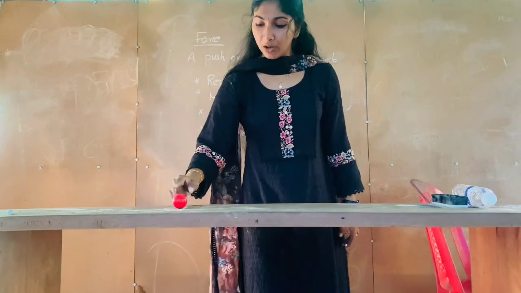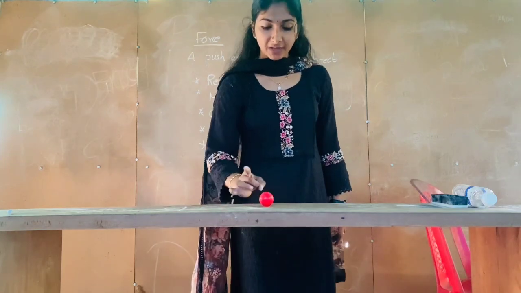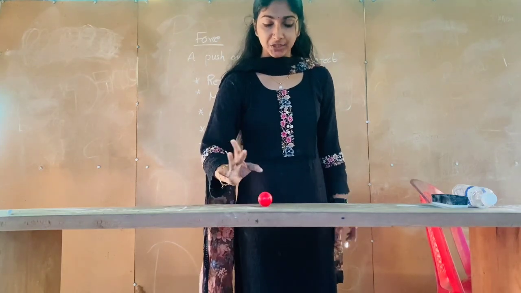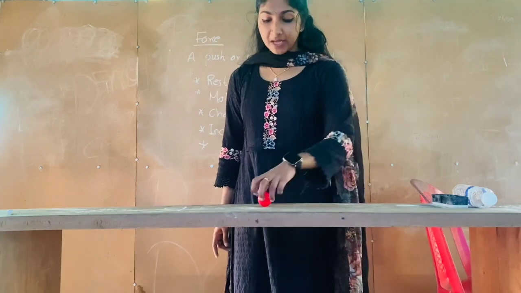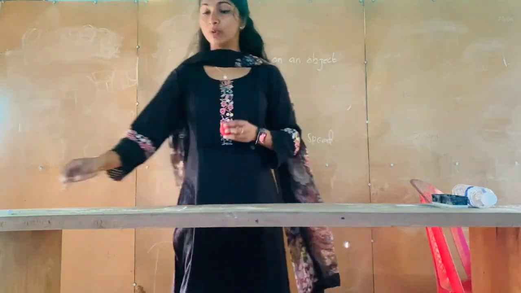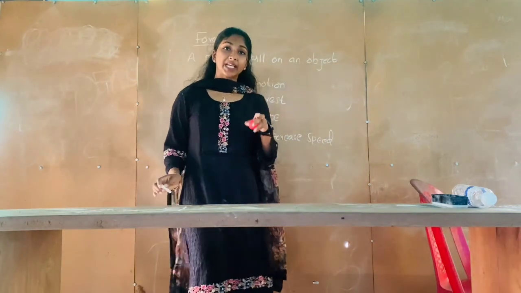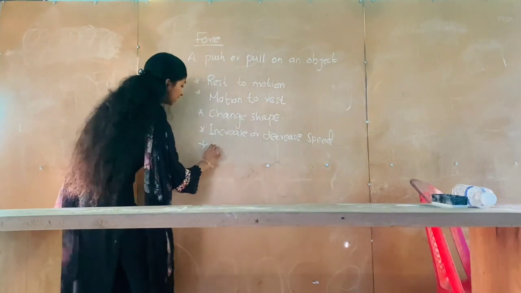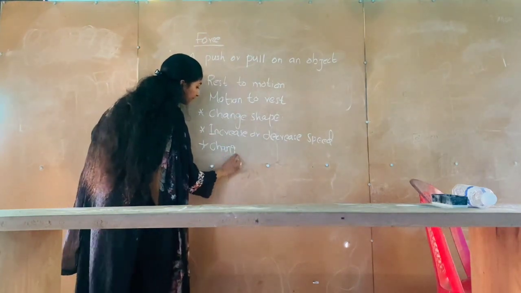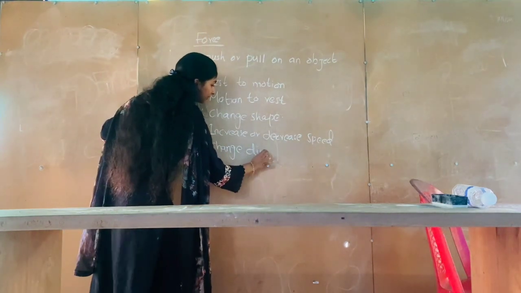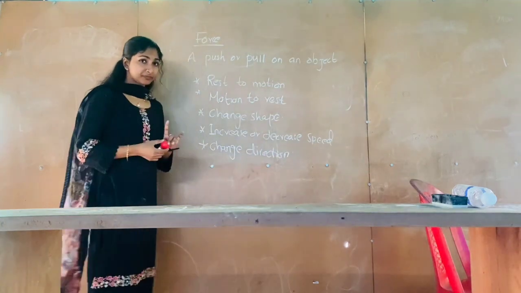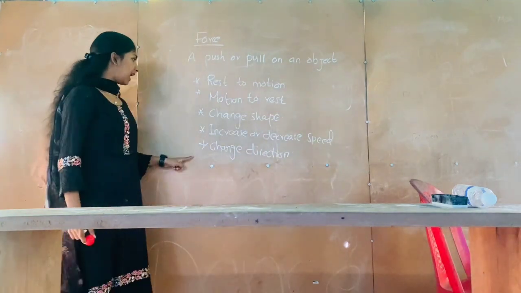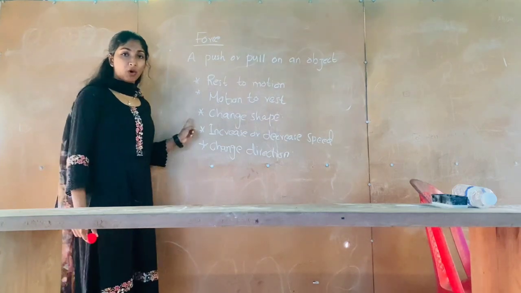Firstly, the ball moves in a straight line, and if I apply a force in this direction, we can make the ball move in this direction. So, on the application of force, we can change the direction of an object. So, these are the 5 effects of force.